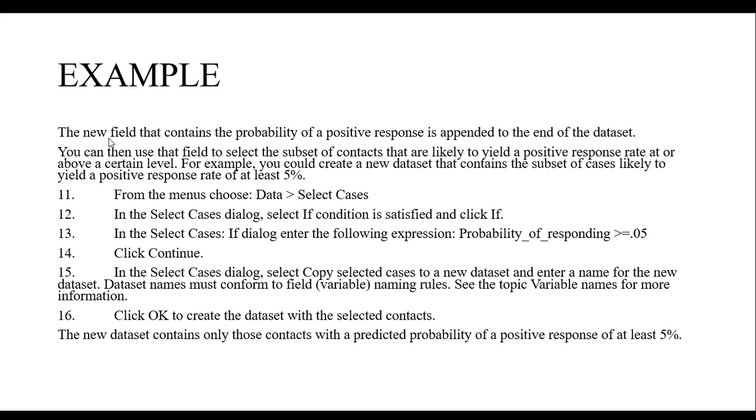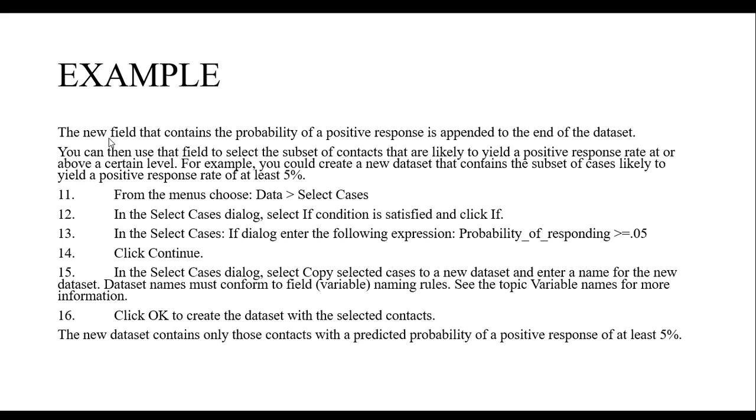Within this we can select the cases which meet our condition of probability of responding more than 5%, and then click continue. Then we select the cases and copy them to create a new data set.